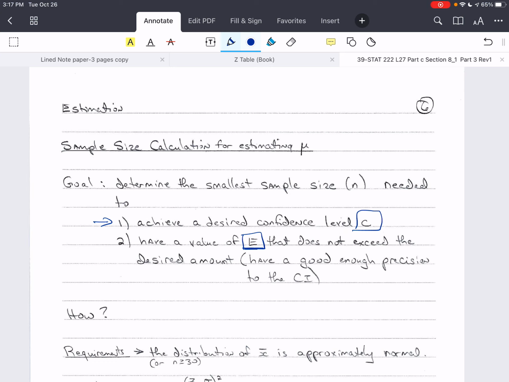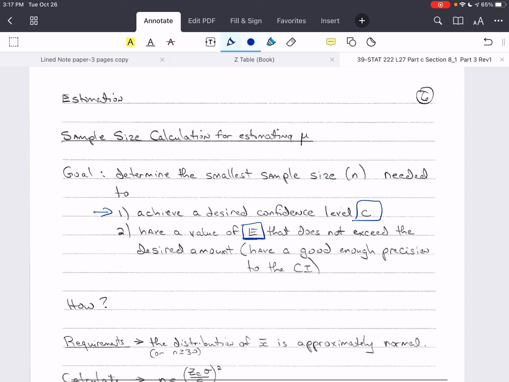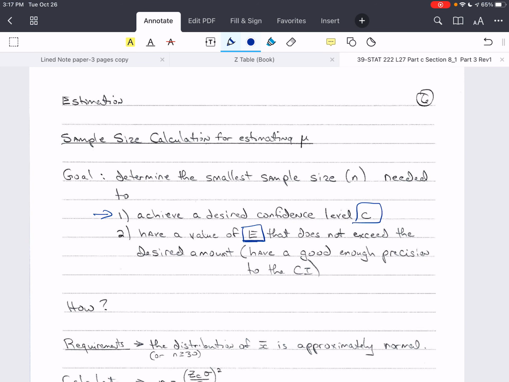Okay, so how do we do this? Well, the book talks about the requirements for calculating the sample size, and they say that the distribution of X bar needs to be approximately normal. In order for X bar to be approximately normal, if we don't know the distribution of X, we know that we need an N of at least 30.